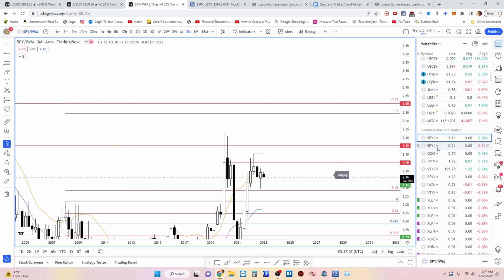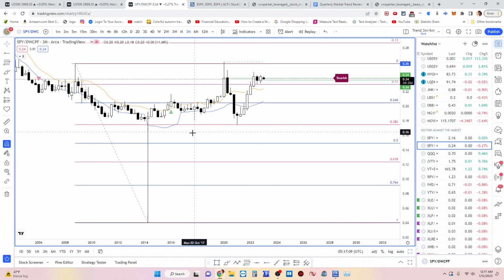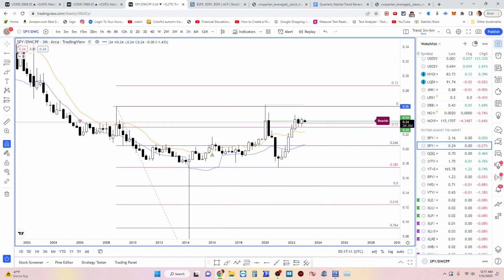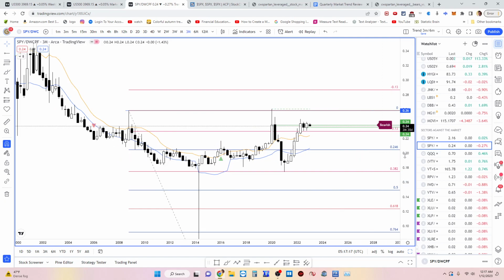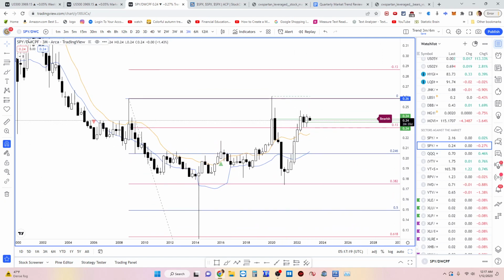And if we go down here into another version of it, the Dow small cap versus the S&P 500, we're seeing the same pattern, cup and handle, and strength on the bulls for the large cap. On the pair, if it goes up, it's indicating the large cap is winning. If it goes down, it's indicating the small cap is winning.